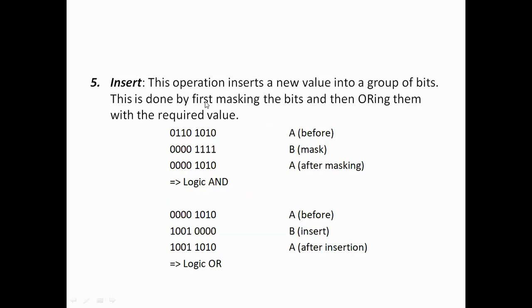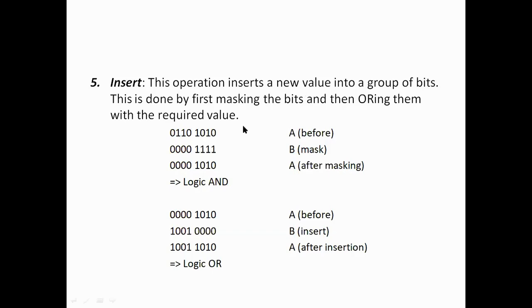Here it is done in 2 steps. First, we do the masking. Those bits which we have to change, we first mask them. That is, we make them 0, and we already know how to mask.